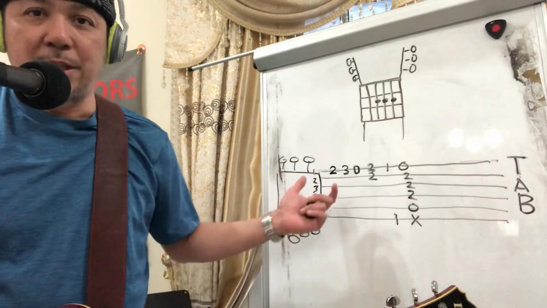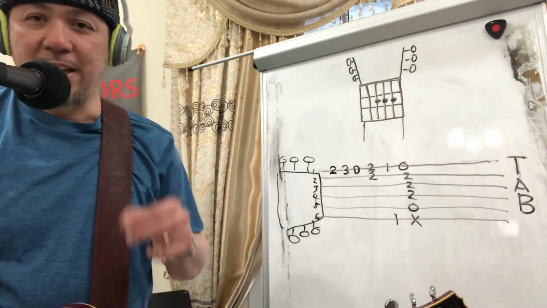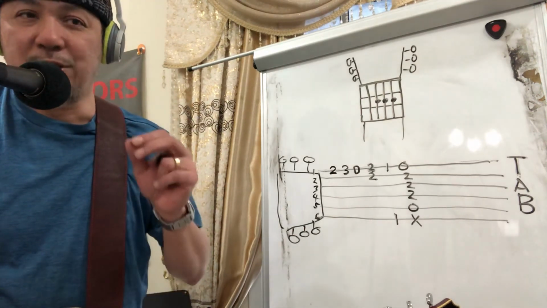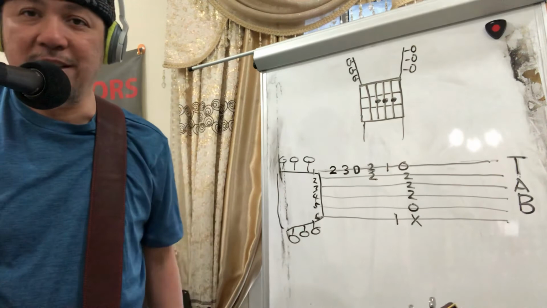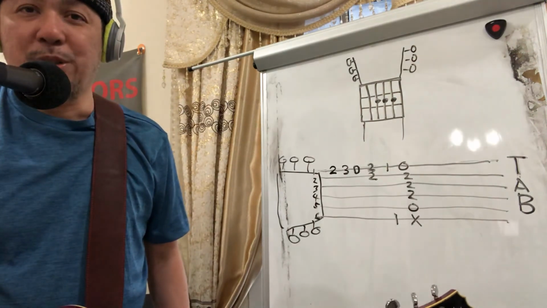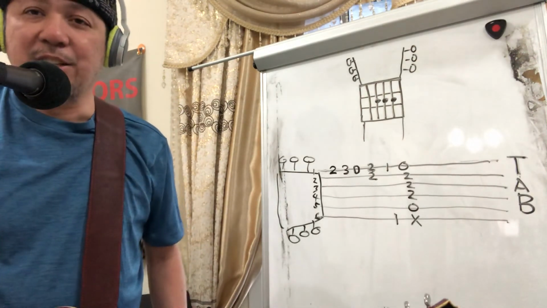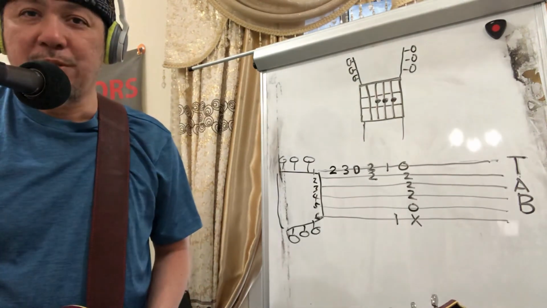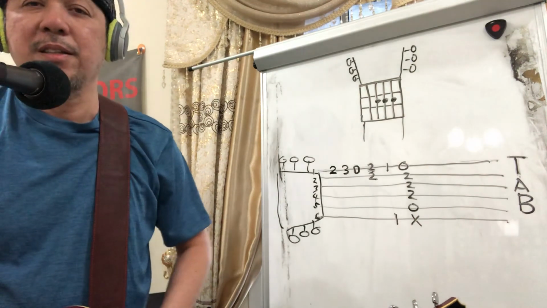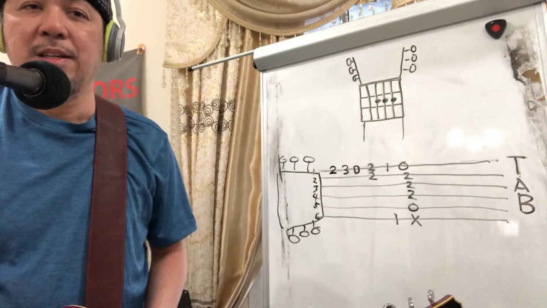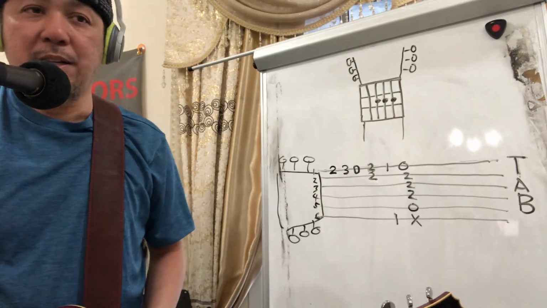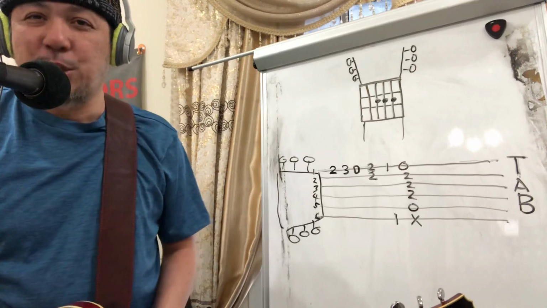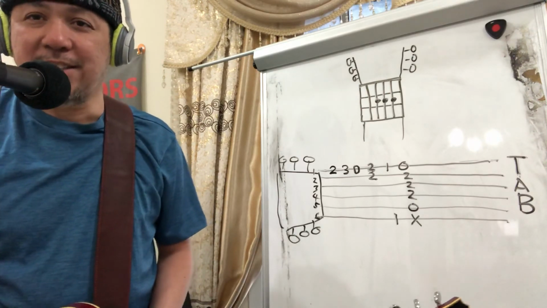But if I use tablatures, I will be able to teach you exactly note for note how to play it, which sounds very much the same as the original. So this is the purpose of the tabs as against the chord diagram. They are more accurate. They are used for exactitude in teaching how to play that particular part of the song or the music.